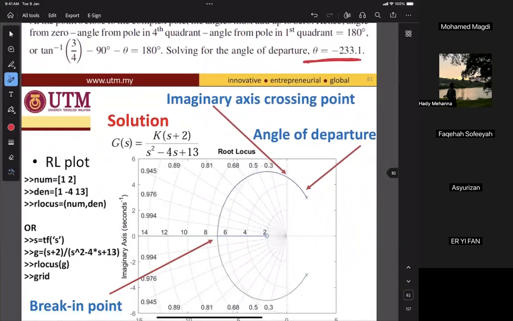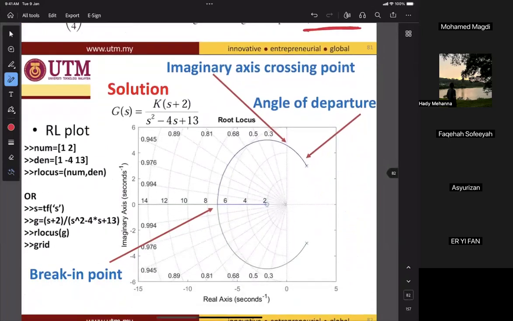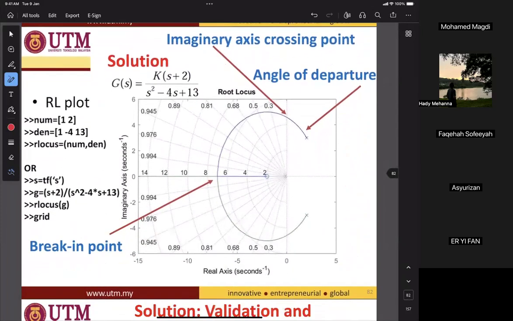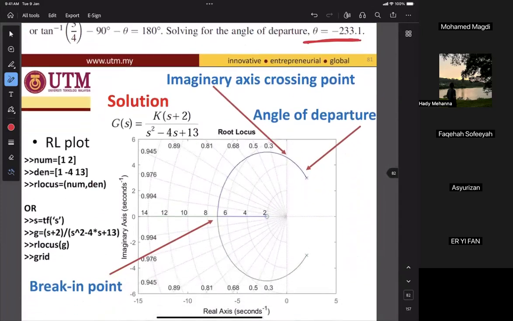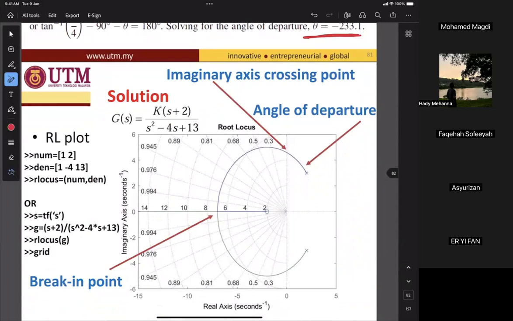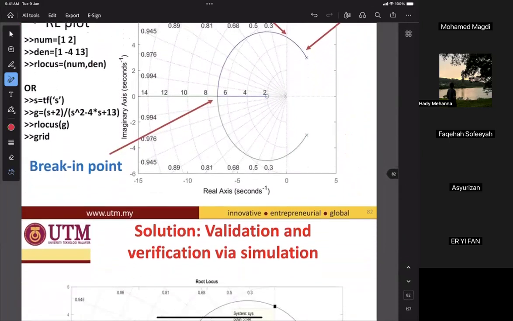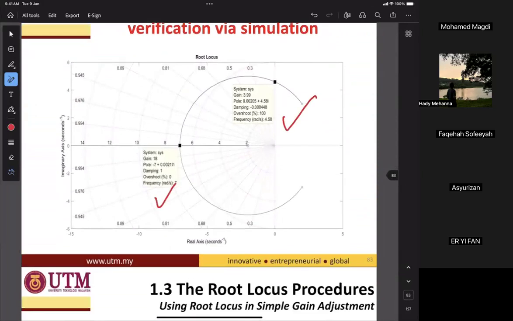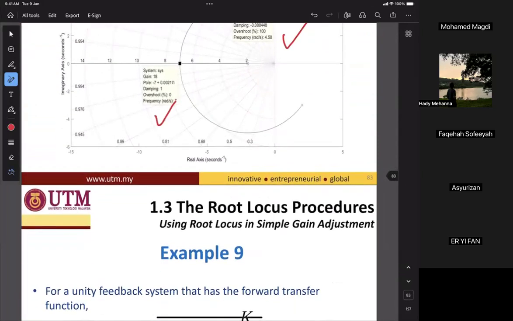And then we completed our calculations and verified using MATLAB. So we get the same answer as in the manual solution. This one we stop here.